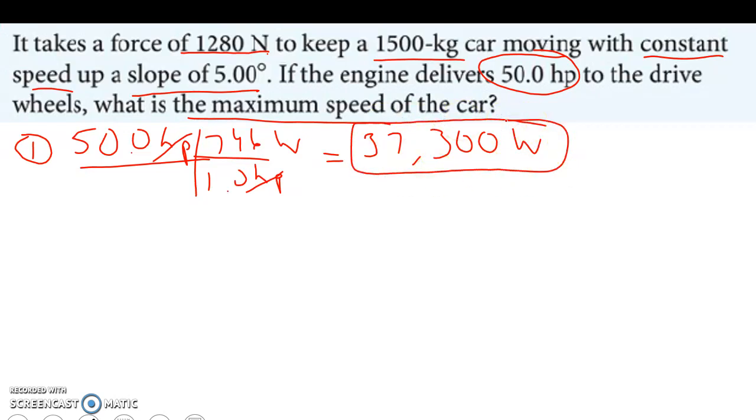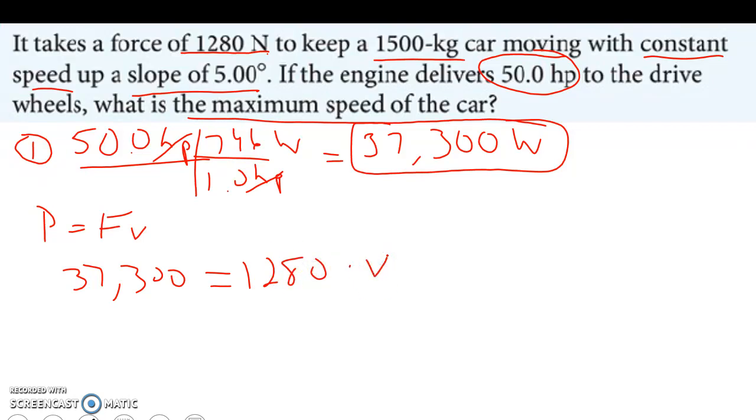So we have this first calculation. We know our power in watts. We want to know how fast. This is where this equation is useful: power equals force times velocity. We know our power is 37,300. We know our force is 1280. We multiply that by v, and we can find our velocity.